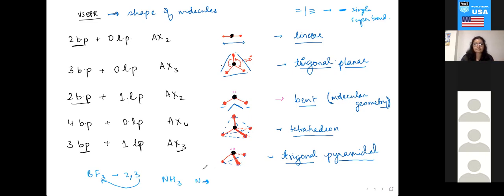You can directly look at the 2,8,5 configuration. So how many electrons are there in the valence shell of nitrogen in total? 5. So out of 5, how many atoms is it bonded to?